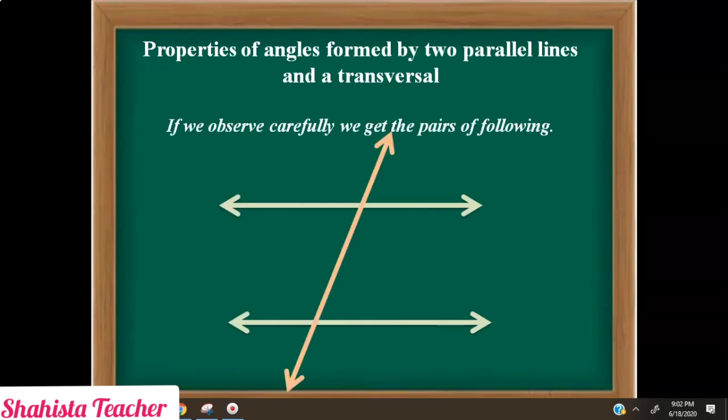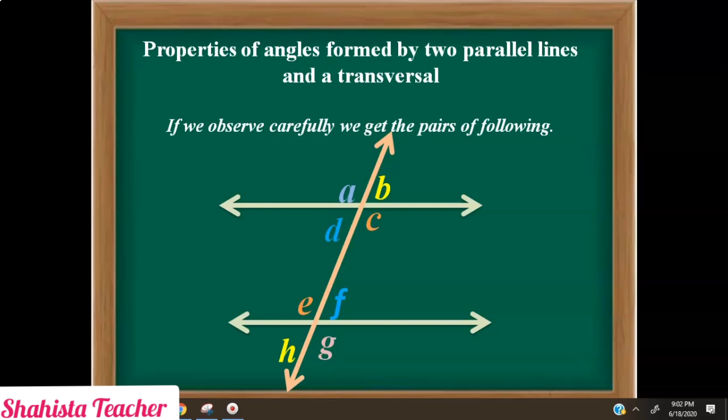First, we show the measure angles: angle A, angle B, angle C, angle D, angle E, angle F, angle G and angle H. Total 8 angles are present. Now we have to show which pairs of angles are congruent.